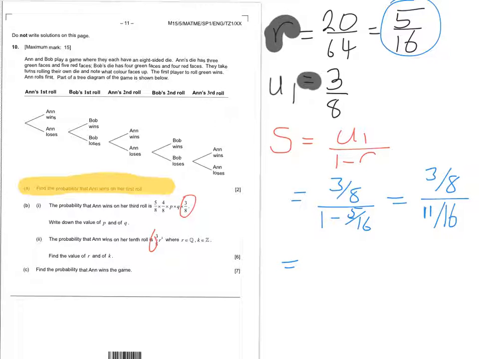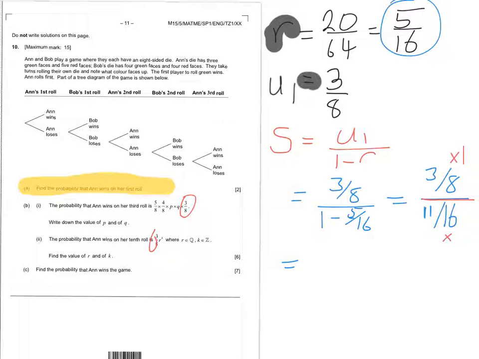Now, when you've got fractions within fractions, there's lots of ways to deal with it. I like to think of dealing with it like this. The most familiar thing we can do with fractions probably is multiply them up and cancel them down. You've been doing that since probably about 8 years old. So I can multiply the top and the bottom of this big fraction by any number I like.